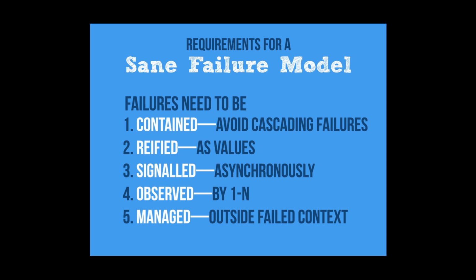The important thing about signaling them, ideally across the network, is that they can be managed outside of the failed context. It might be the whole node is going down, but the failure was signaled to another healthy node. That node can now take action and manage the failure by restarting it on the same node when the node comes back up, or restarting the service on another node, perhaps the same node that the supervisor is running on.